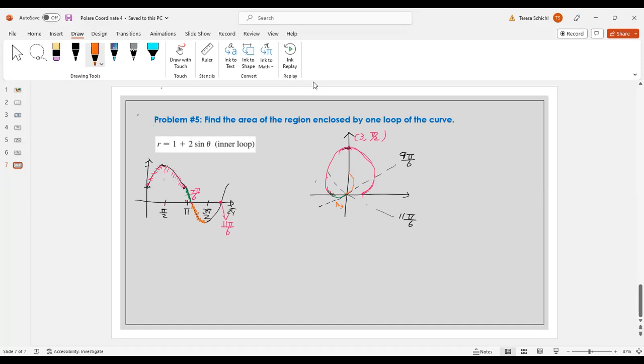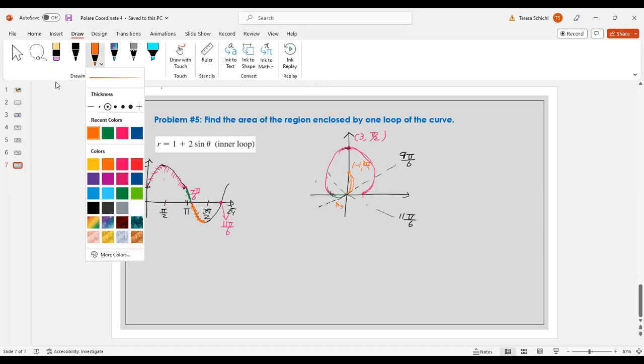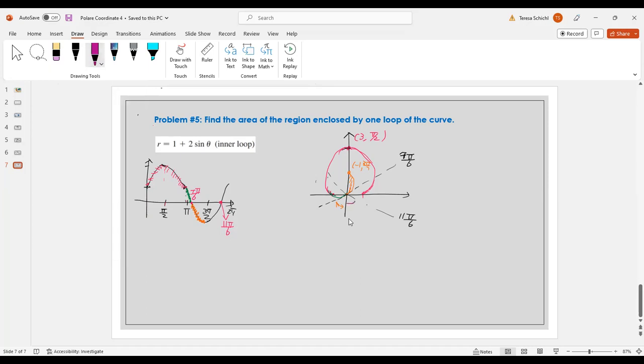This point here will be -1 at 3π/2. So this is my golden one, flipped back to here. And my last one, let me use a good color, is the purple one, from here to here.